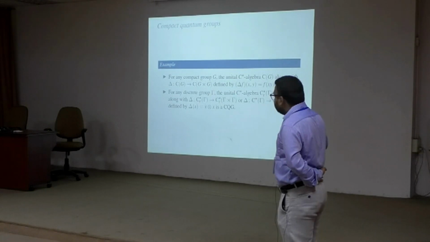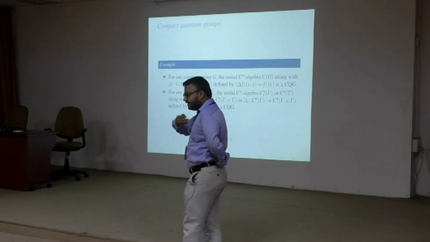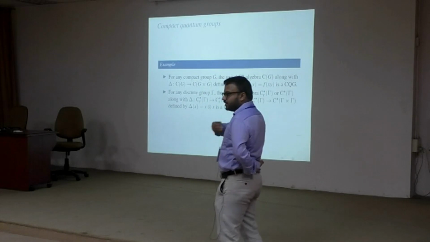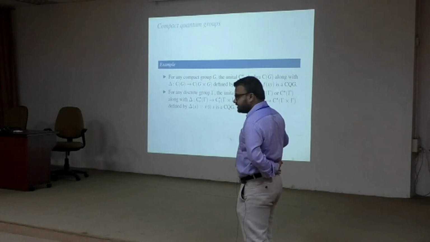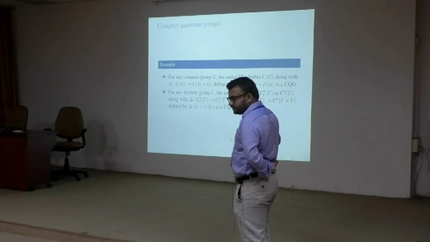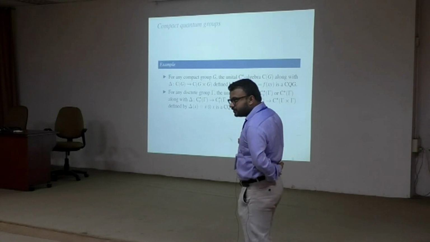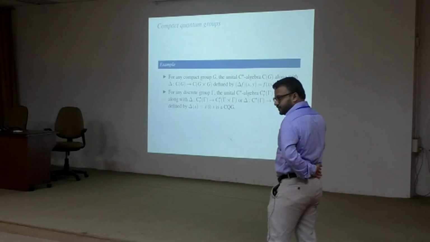You take L1 of G and represent it into L2, then consider all possible representations and take the closure. That gives you the full C-star algebra. If you just do it with respect to the regular representation, that gives you the reduced one. And they are not isomorphic in general, if gamma is infinite. If it is finite, then of course they are isomorphic, correct.